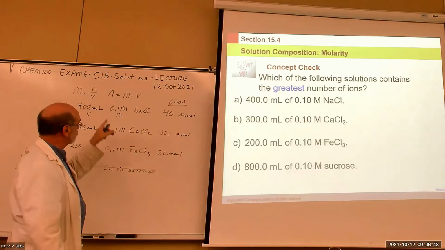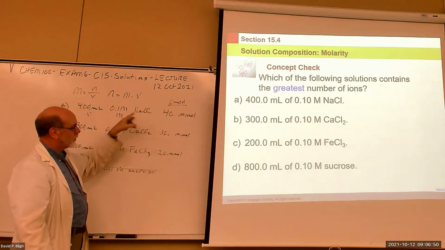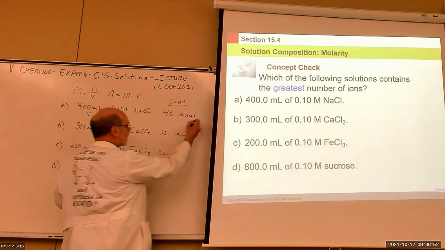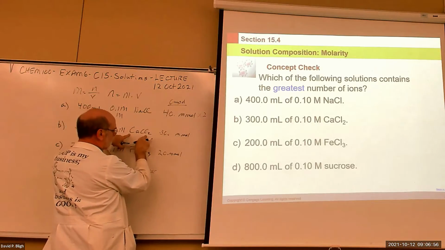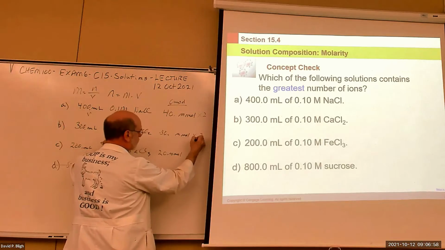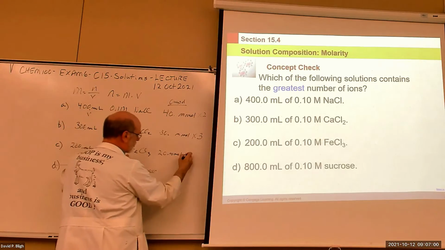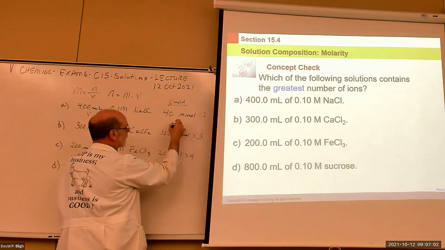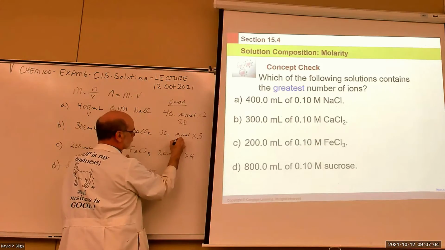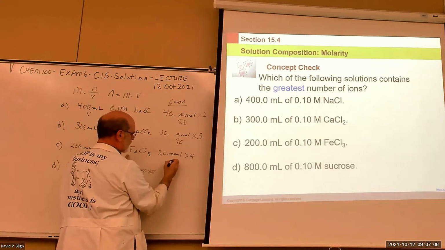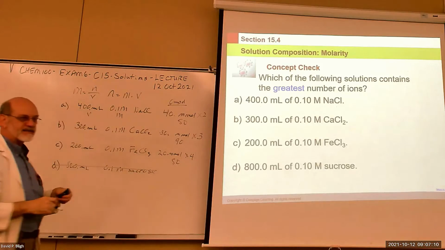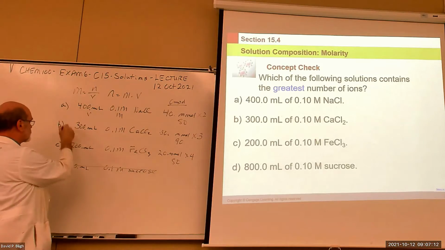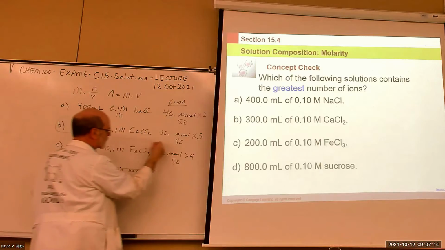How many ions are formed from each one of these formula units? 2. So that one's times 2. This one's times 1 plus 2 is 3. This one is 4. So 2 times 40 is 80. This one's 90. And this one's 80. So the greatest number of ions is formed by this solution.